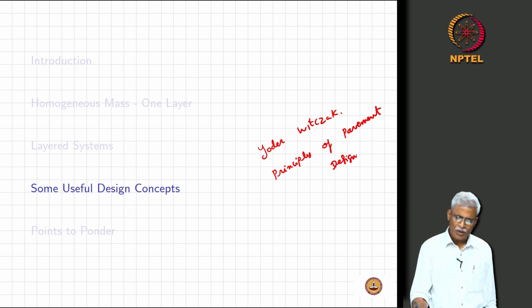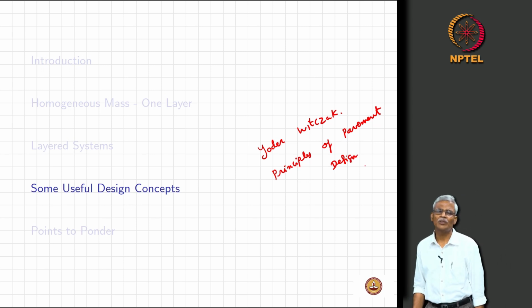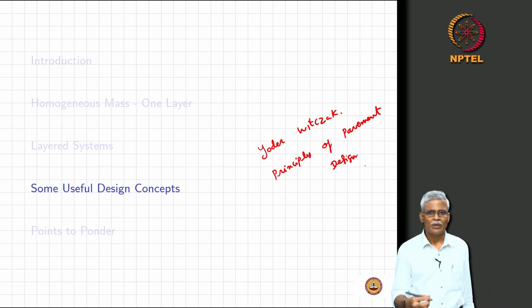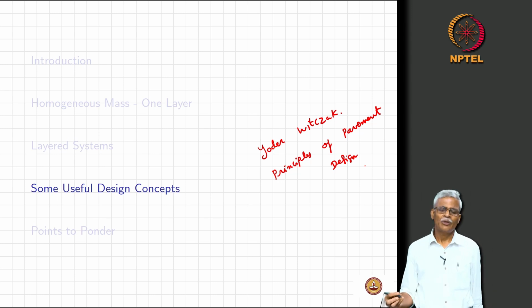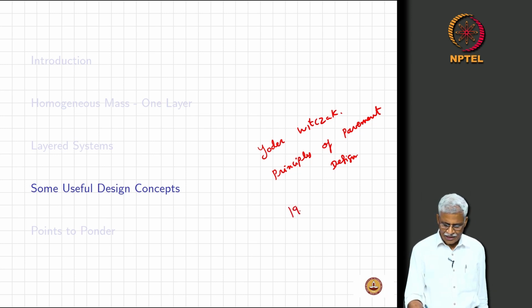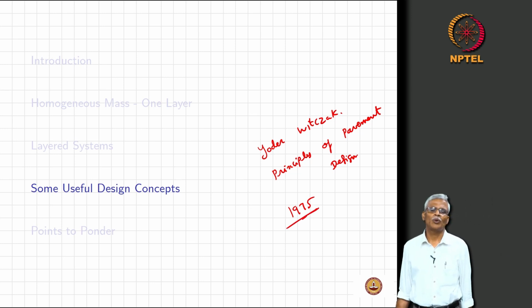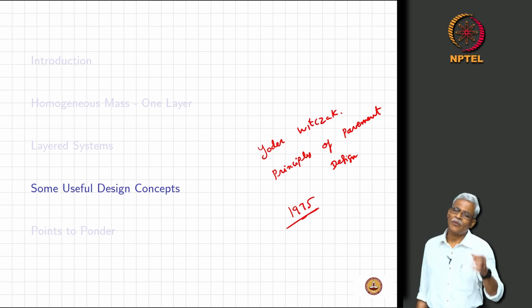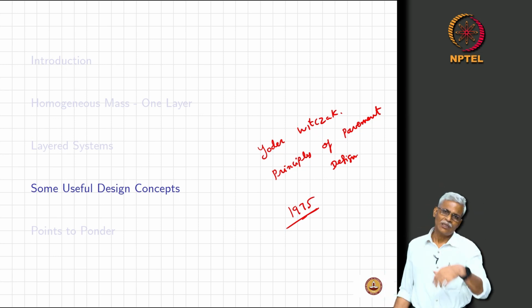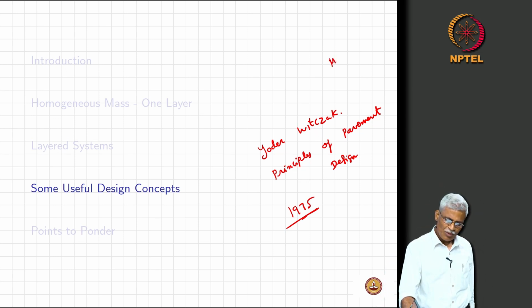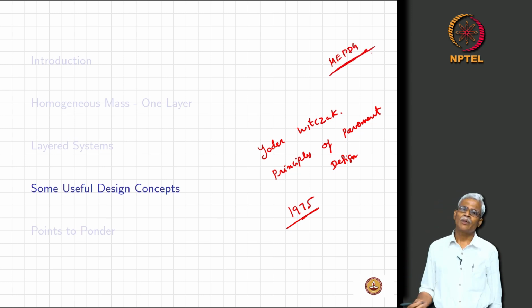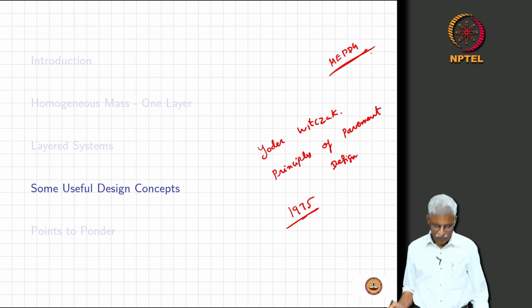If any of you want some chapters of this, please feel free to email me, I will be able to share it. Professor Yoder passed away. After that, this book was never revised, and in between so many other things happened. For instance, MEPDG came, and most of the concepts mentioned in this book have suddenly become outdated.